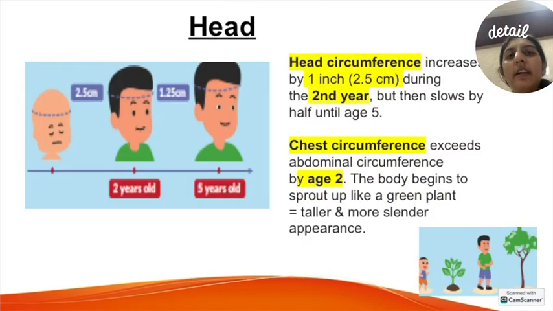Head circumference increases by 2.5 cm during the second year, but then slows by half until age 5. Chest circumference equals abdominal circumference by age 2.